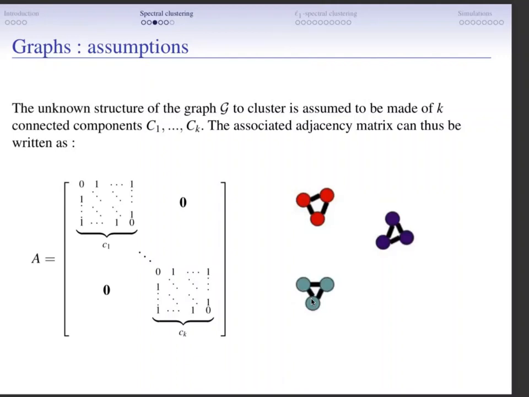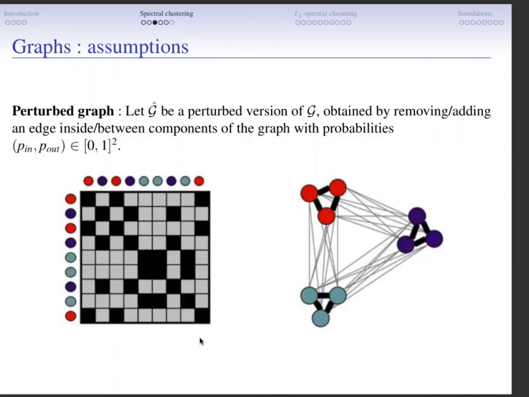Now we assume that we observe a perturbation of this graph. I define two probabilities for two perturbations. The first one is a probability p_in of removing an edge inside a component, and p_out is a probability of adding an edge between components.